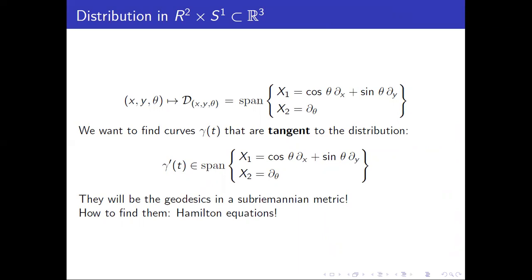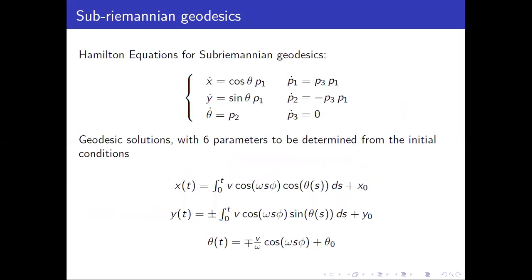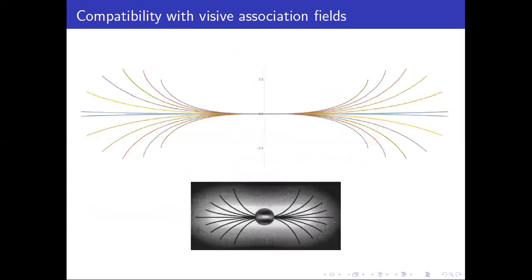And that is what I did with my students. And we discovered, like Citti and Petitot, they do that also, but they do it with analytic methods. We do it with geometry, that the geodesics are really the path followed by the human brain in reconstructing the image. So this is my last, okay, these are the sub-Riemannian geodesics.